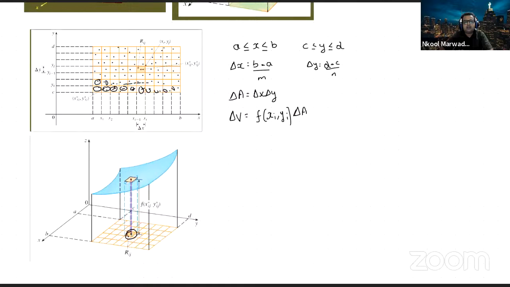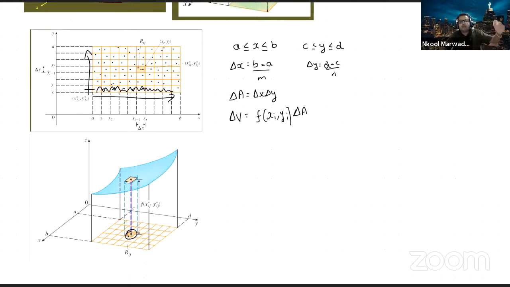So here, I have to use a double summation. Why double summation? Because the inner summation will take care of this kind of traversal, and the external summation will take care of this kind of traversal, wherein for every row, I will be doing inner traversals to visit each 3D rectangle, calculate its volume and sum it up.